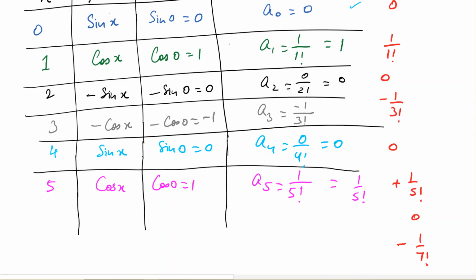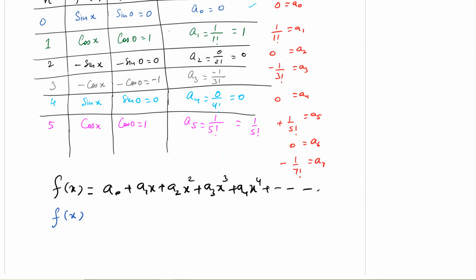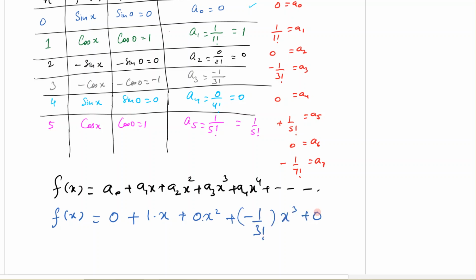So let's plug these values into our function. Using the values of all these coefficients, a0 is 0, a1 is 1, a2 is 0, a3 is negative 1 over 3 factorial, a4 is 0, a5 is positive 1 over 5 factorial times x raised to power 5, and then 0 times x^6, and again minus 1 over 7 factorial times x raised to power 7, and so on.